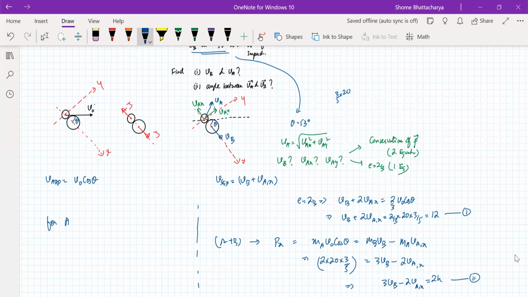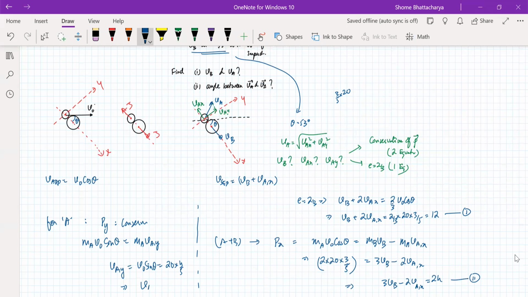The other equation is very simple, it's just a direct conservation. For A alone, the y component of momentum is conserved. So MA V naught sine theta should just be equal to MA VAY. So A's y component of velocity should be V naught sine theta, which is 20 into 4 by 5, or 16.